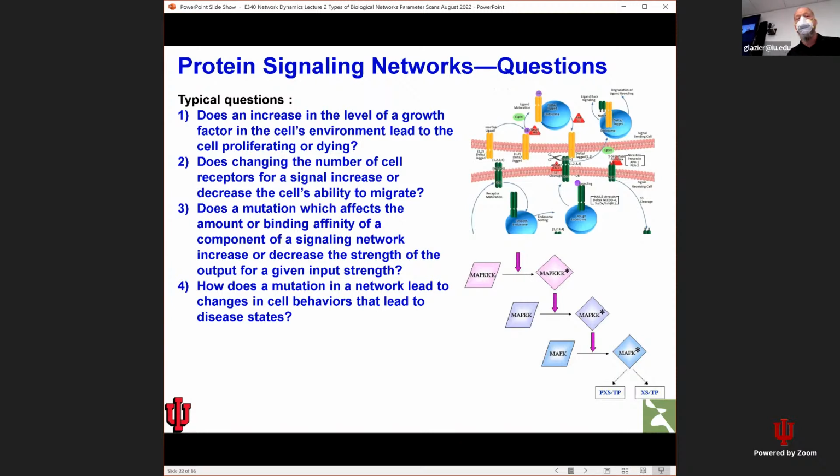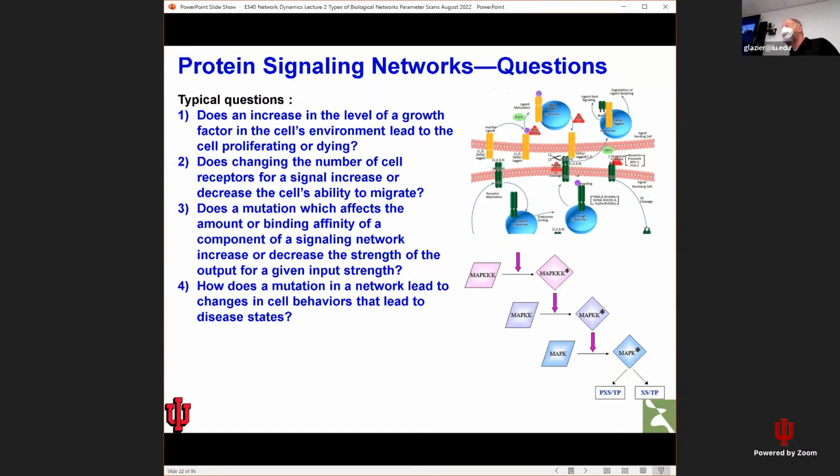Both of those questions are very important if I want to understand cancer. They're also very important if I want to understand engineered tissues or wound healing. If I mutate the genetic sequence of a molecule, does the resulting protein act more efficiently or less efficiently? What happens to the system?